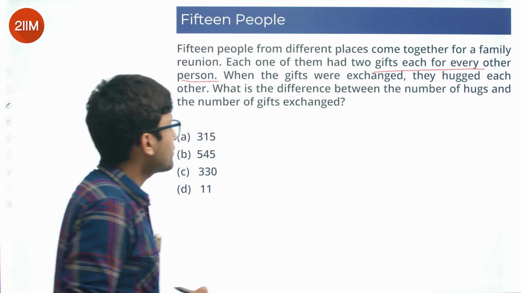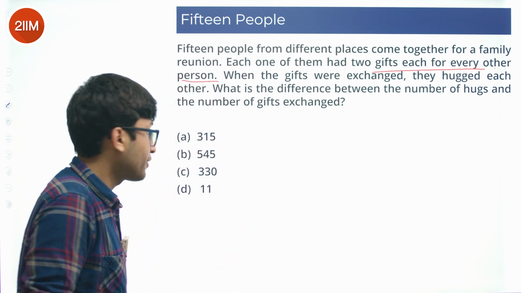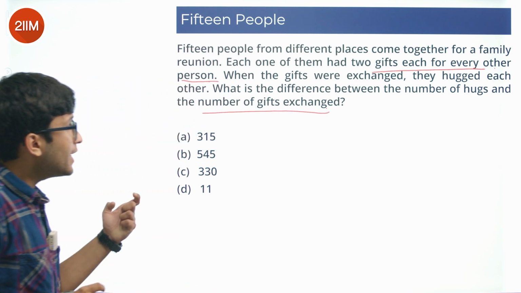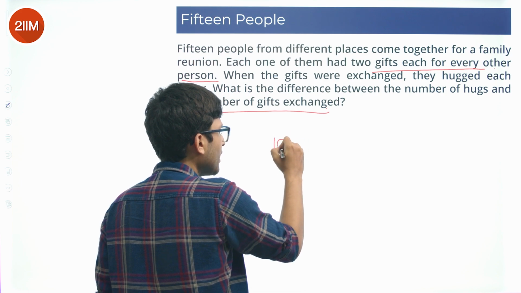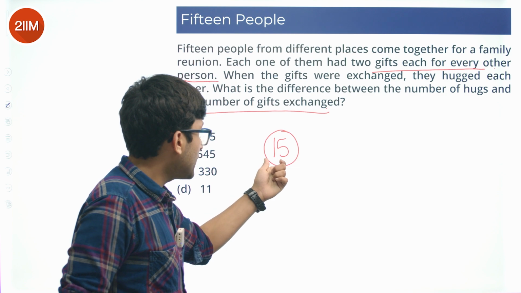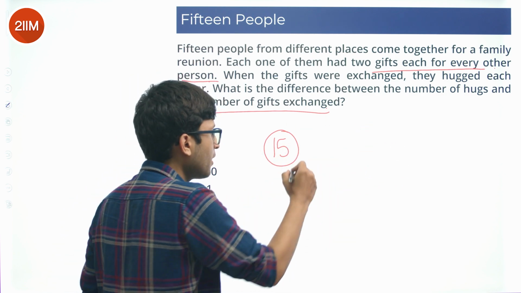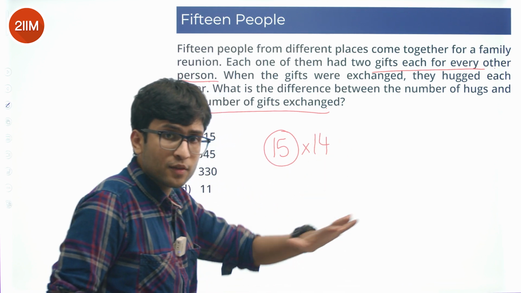First of all, what we have to find out is the difference between the number of hugs and the number of gifts. So first of all, let us try finding out the number of gifts for each person. There are 15 people. One guy, all the 15 folks would be giving gifts to the remaining 14 people.